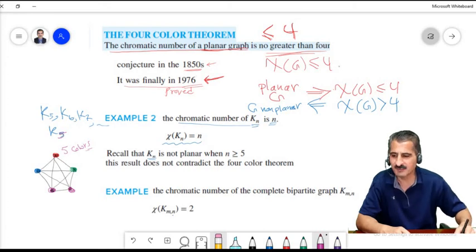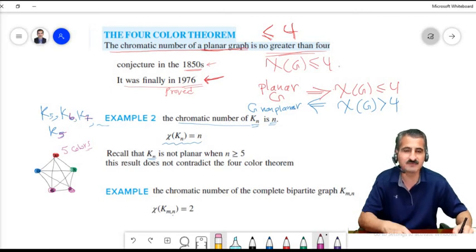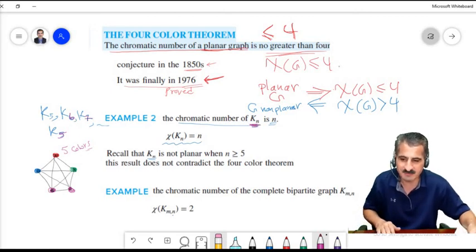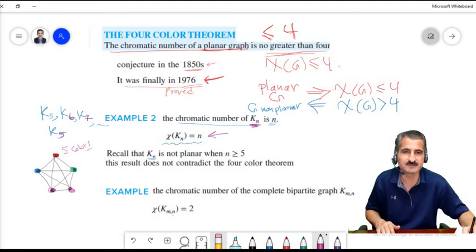And the same thing applies for K6. We need 6 colors. For K7 we need 7 colors, and for Kn we need n colors.